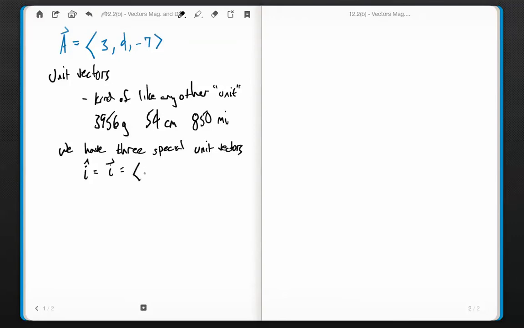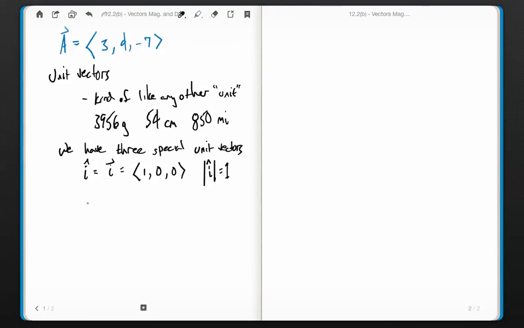If I write this in the angle bracket notation, it's 1, 0, 0. Why is that special? Because it points only in the x direction, and its magnitude is the square root of 1 squared plus 0 squared plus 0 squared, so the magnitude of i hat equals 1. Let's make that clear, because that's pretty important.